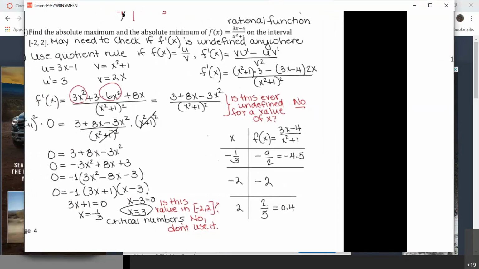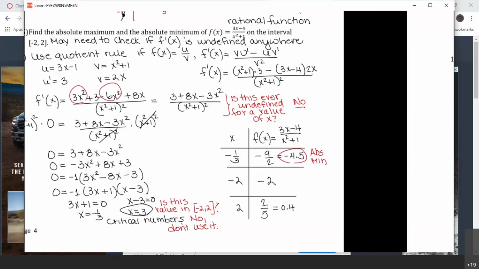If you want to do everything as decimals, that's fine. You can see this is your absolute minimum, and then this is your absolute maximum. Again, this was incorrect; I didn't need to put that in. This was -2.